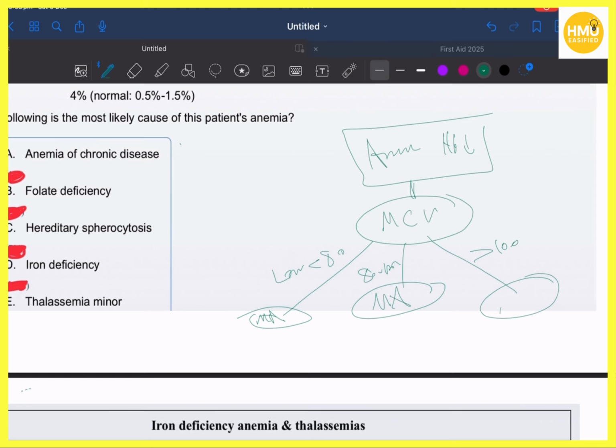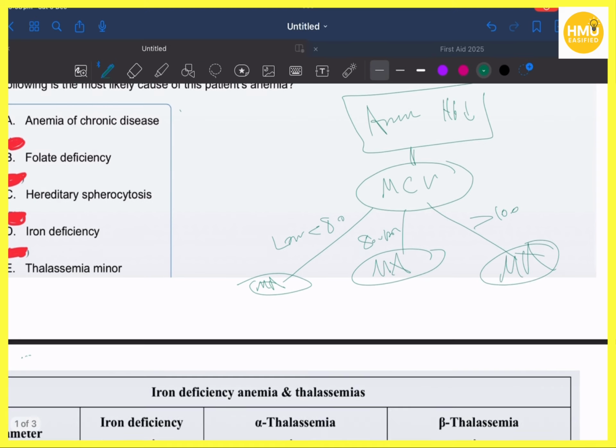This is macrocytic anemia. In microcytic anemia, which is small RBCs, you should always think of two most important differential diagnoses. 90% of the questions are either this or this: iron deficiency anemia, which is basically low iron, or thalassemia, where the globin part of the hemoglobin is abnormal.